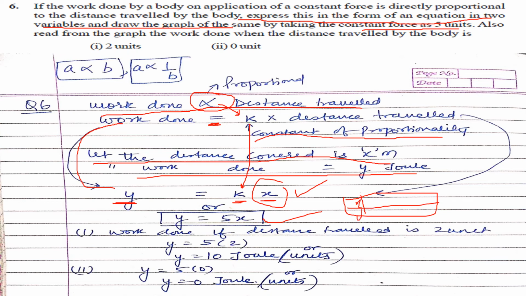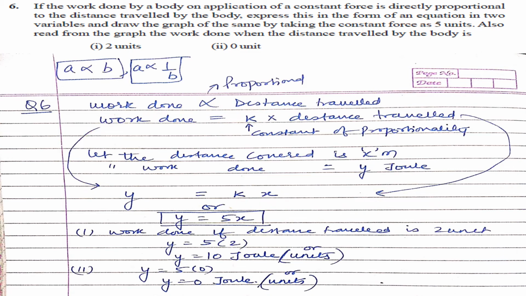Okay, now they are asking one more part. Also read the graph: work done when distance traveled by the body is 2 units. So you have to see the graph to find the value of work done when distance traveled is 2 units. You can find it very easily. If you do it by equation, it is easy.